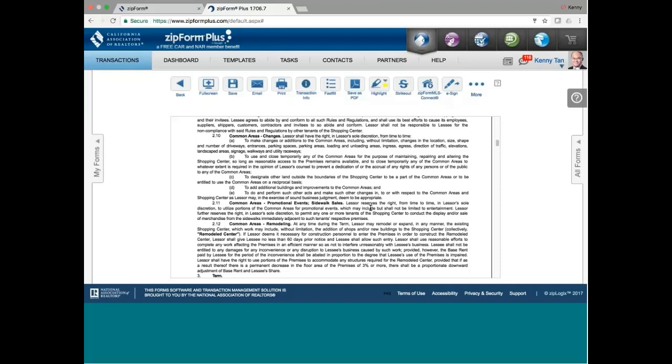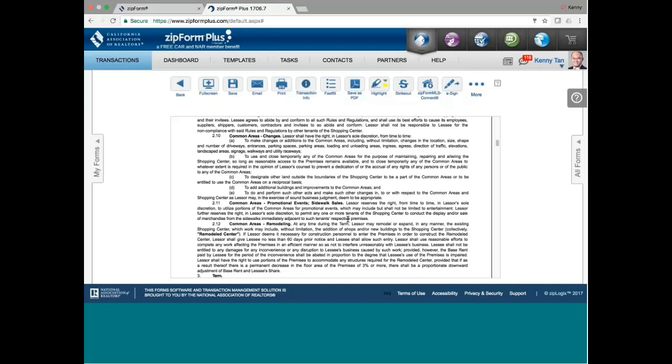And then it says, lessor further reserves the right in lessor's discretion to permit any one or more tenants of the shopping center to conduct the display and or sale of merchandise from the sidewalks immediately adjacent to such tenants' respective premises.